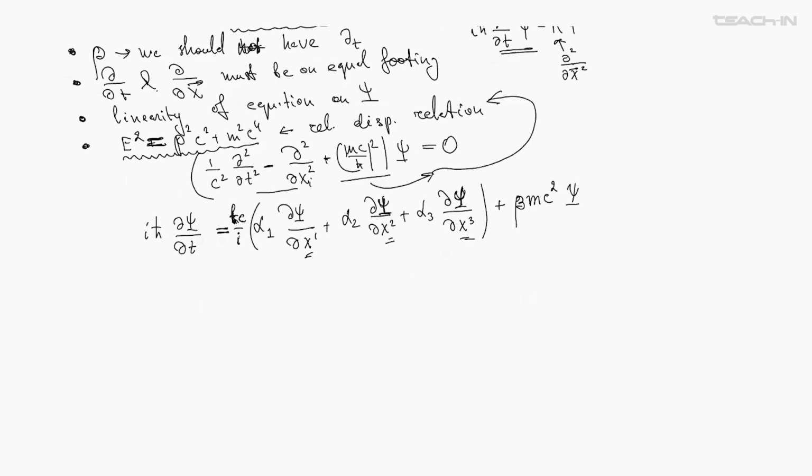If they are matrices, then psi cannot be just a scalar. Then psi should be some multi-component object, something which would contain many components, psi 1 and so on, psi n.